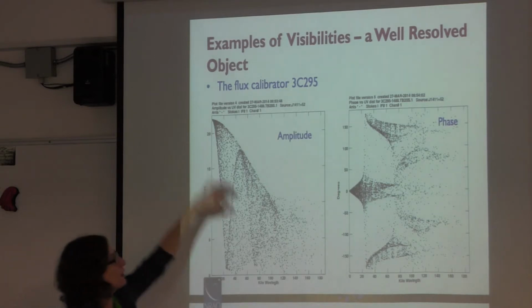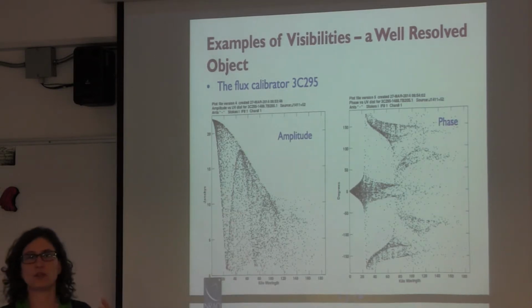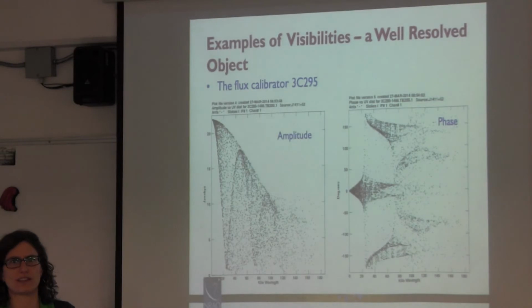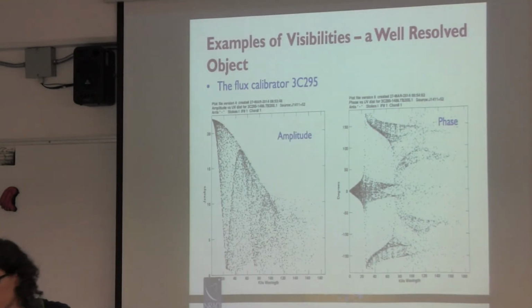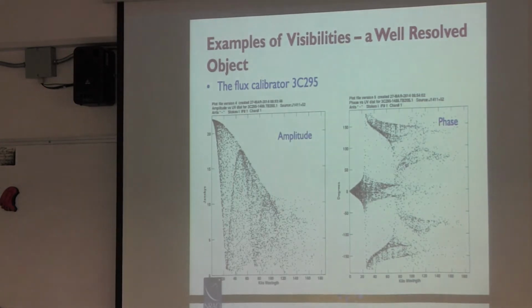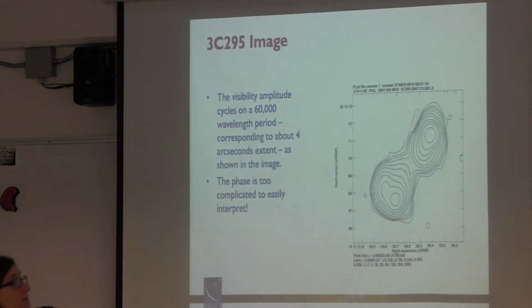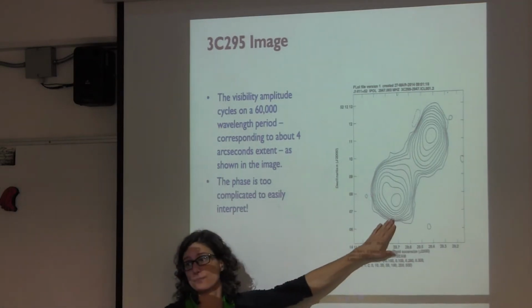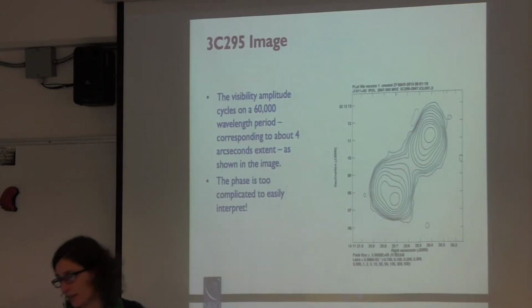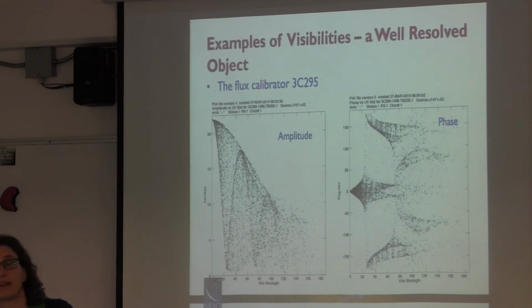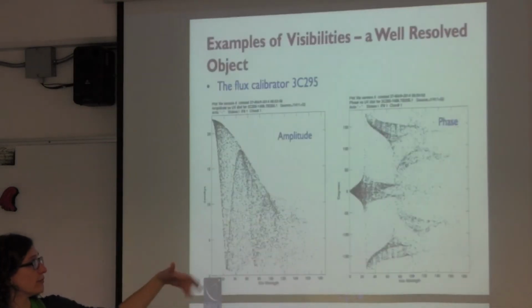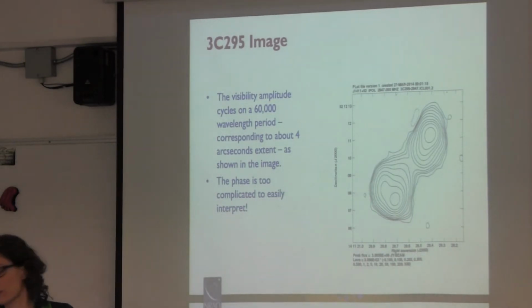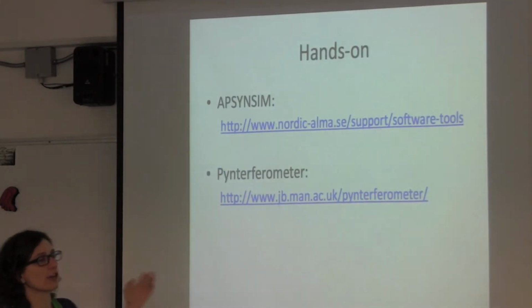You can see this is not very intuitive, to actually see what is the source that is originating such a pattern in the visibilities. But this is the original source. Okay, so this is the image, and then in the visibilities you will get something like that. So from that information, we want to retrieve how the source looks, okay?